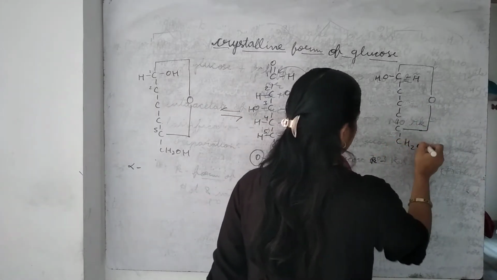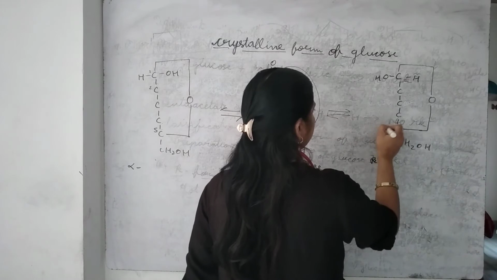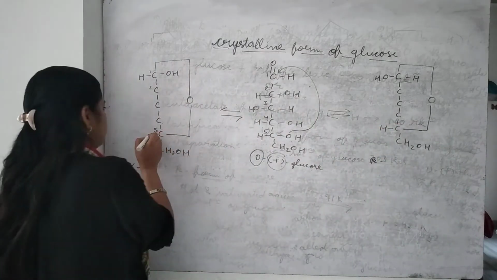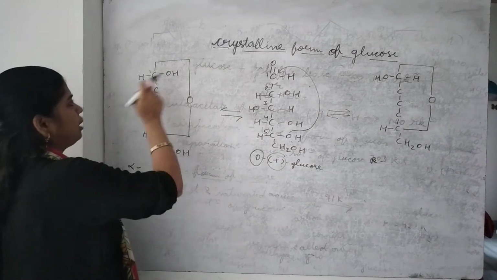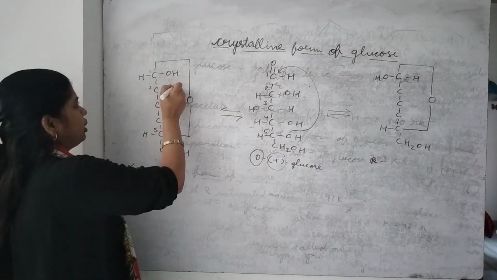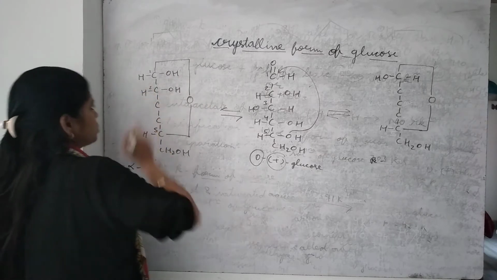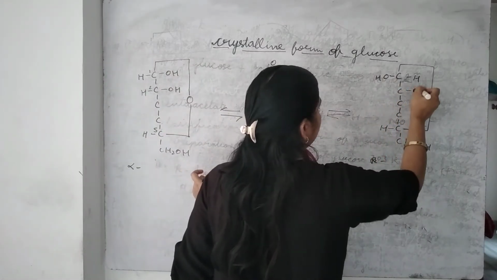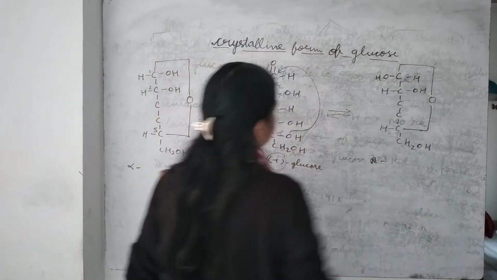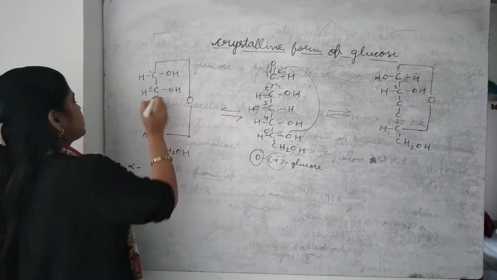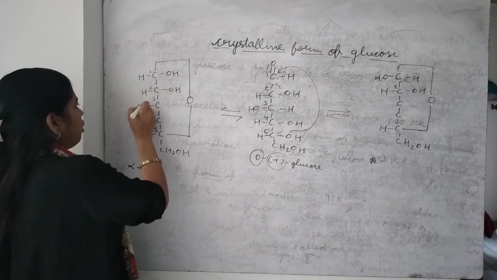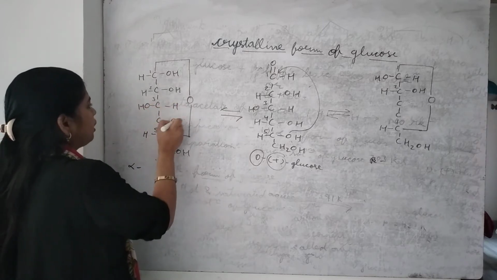This is the last carbon atom, the primary alcoholic group. Here there is hydrogen. Here also as it is. Now all other structure will be similar. On the second carbon atom OH is on the right hand side. So as it is over here also, and in the beta form also. This is the first one, second carbon atom. Now this is the third one. As I told, alternately OH groups will be bonded.